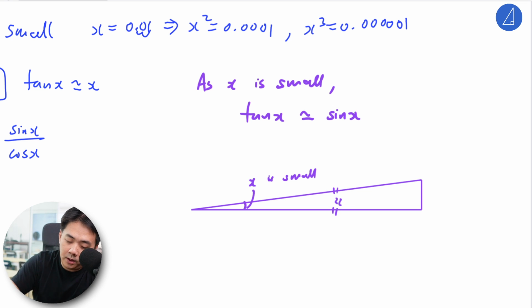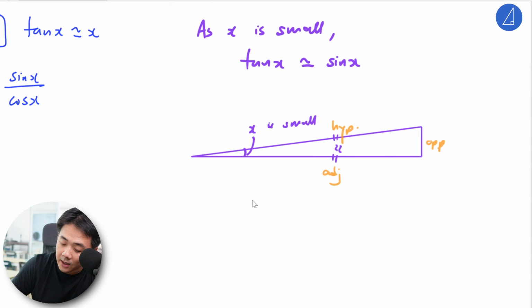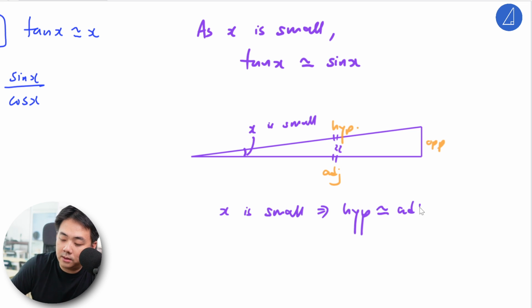This is the opposite, this is the adjacent, this is the hypotenuse. When x is small, the hypotenuse will roughly equal the adjacent side.